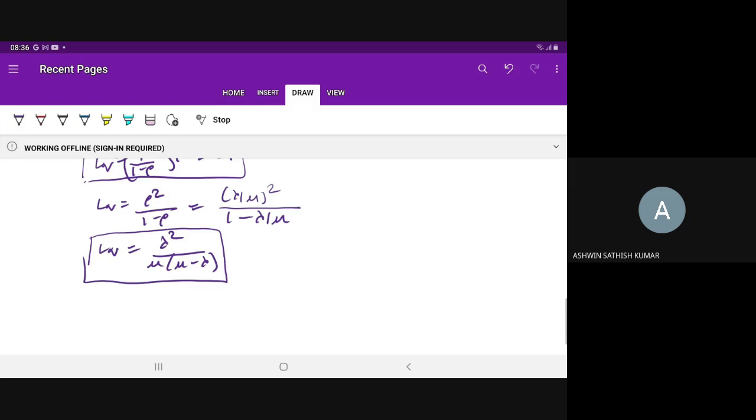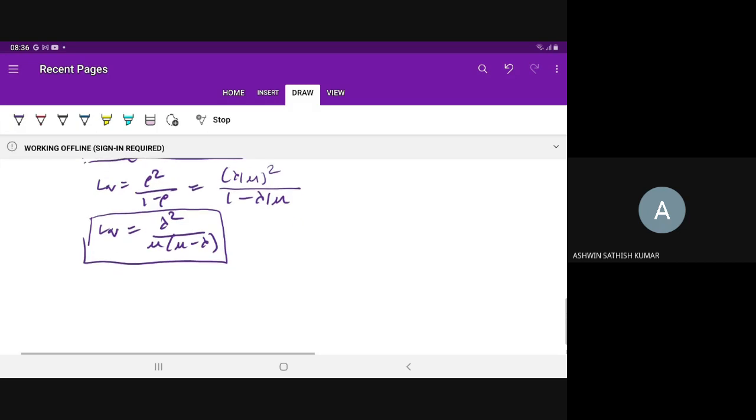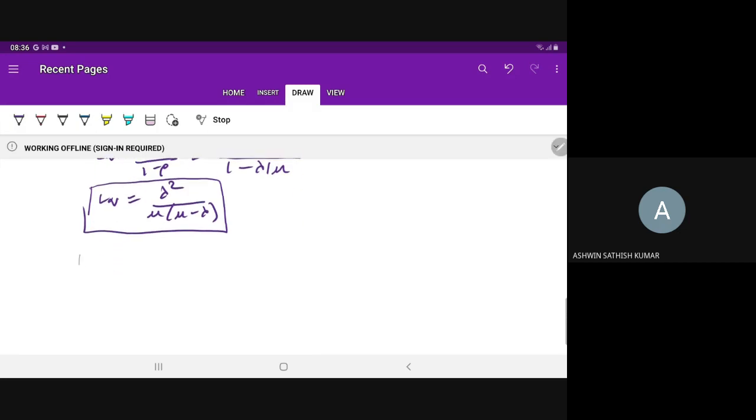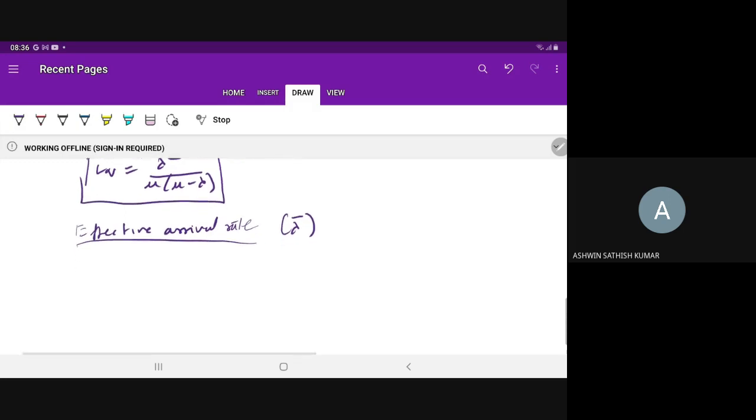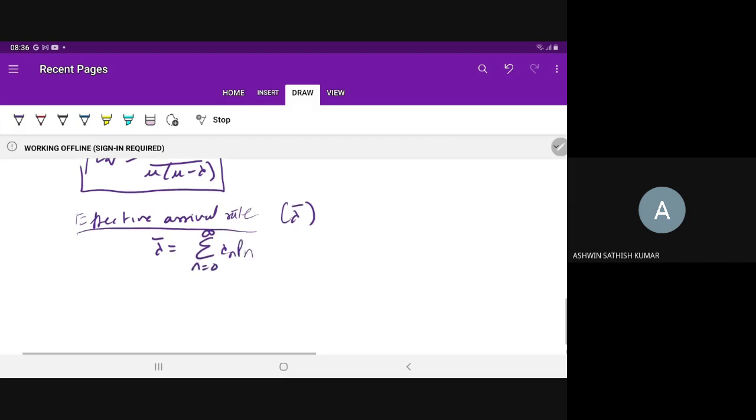From here, if you have to compute the effective arrival rate, we denote it by lambda bar. And what is the basic formula of the effective arrival rate? It is the summation lambda n into Pn, n varying from 0 to infinity.